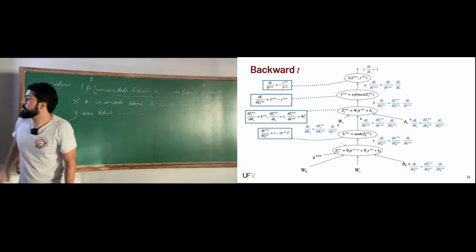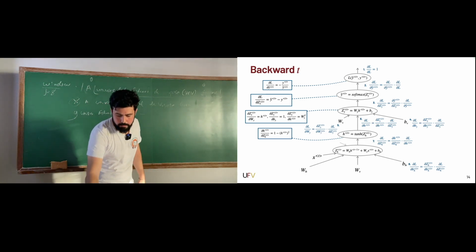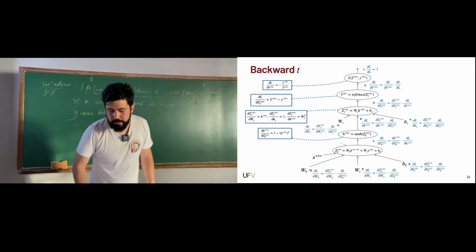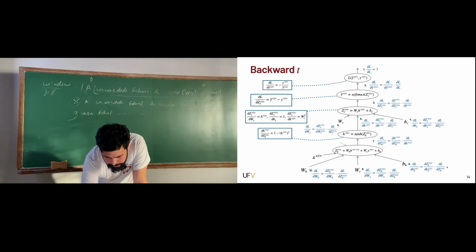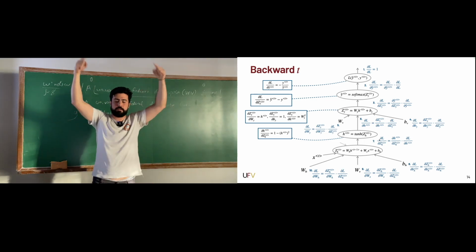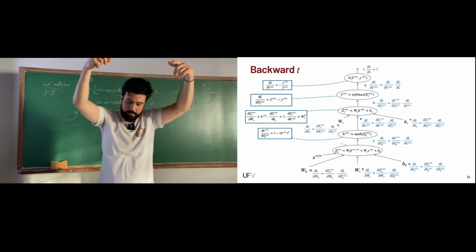I need 3 more updates, right? Again, chain rule. So this partial derivative here is this. This one is this here. Oh, sorry. This one is this here from the 7th step. So we are already reusing the partial derivative from the previous step, okay?